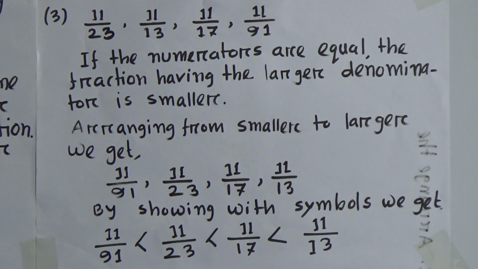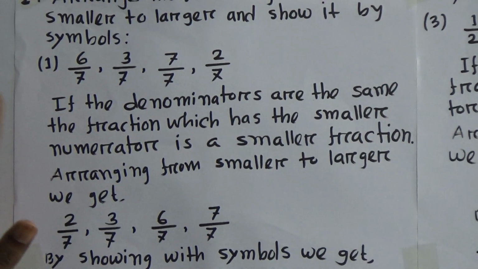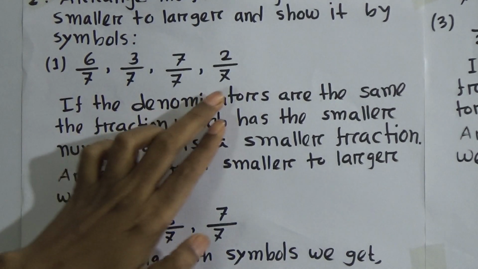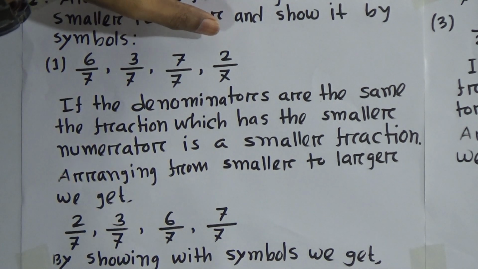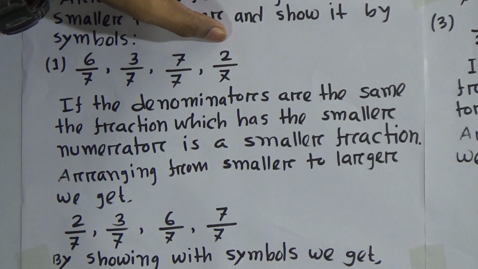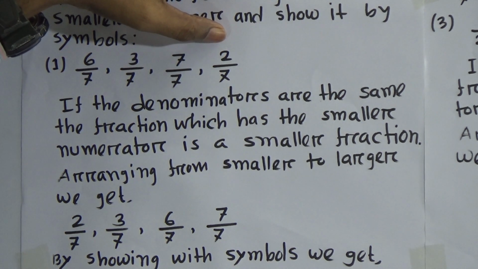Student, now I will tell the summary of the two questions. Look, please see question number 1. If the denominators are the same, in that case whose numerator is smaller is the smaller number.